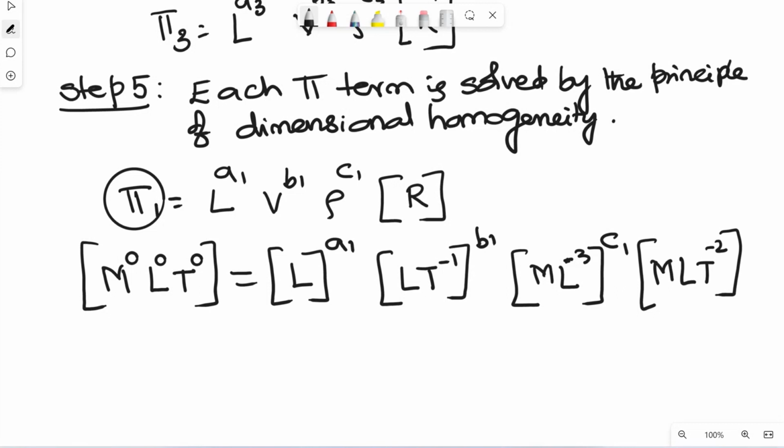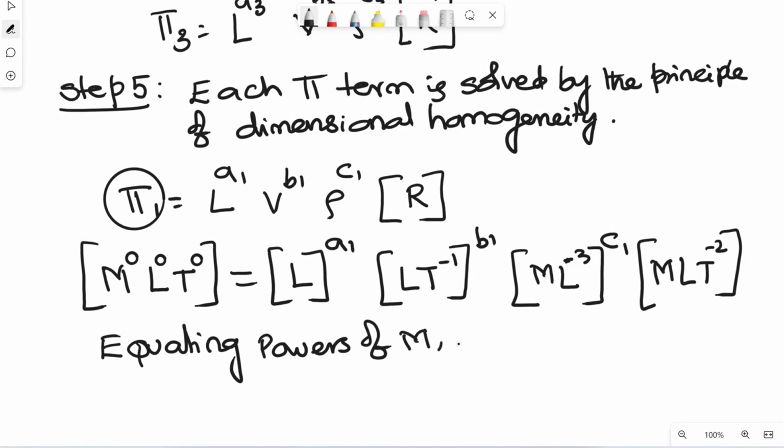Like this, you must be able to get the dimensional formulas directly. Now what I need to do is equate the powers of M, L, T on both sides.